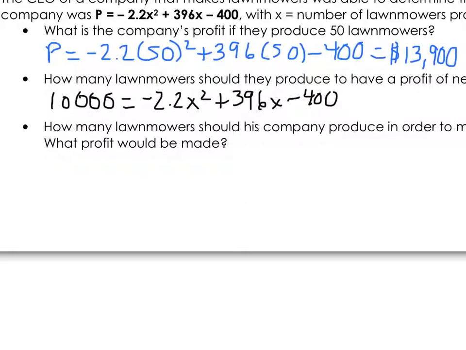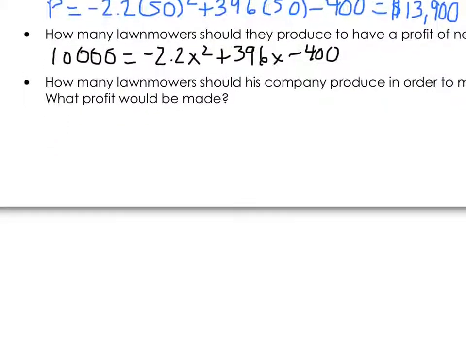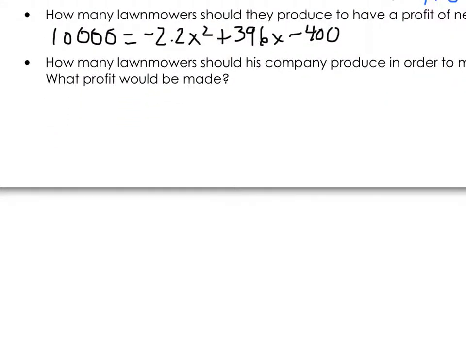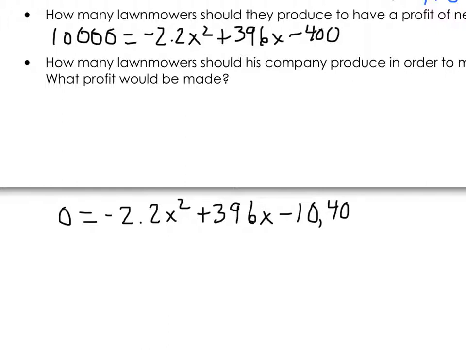In order to do that, we need to get equals 0. I'm going to subtract $10,000 from both sides. That'll be minus 10,400. We're going to solve this using the quadratic formula.